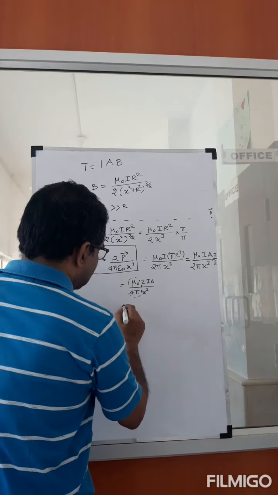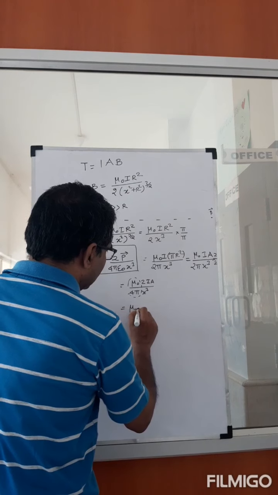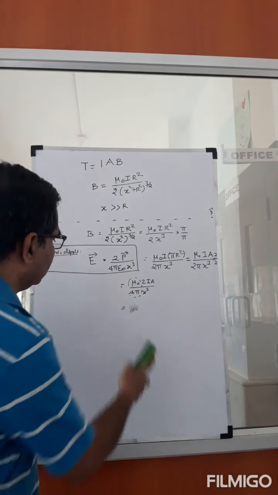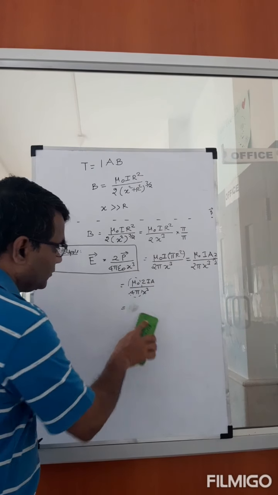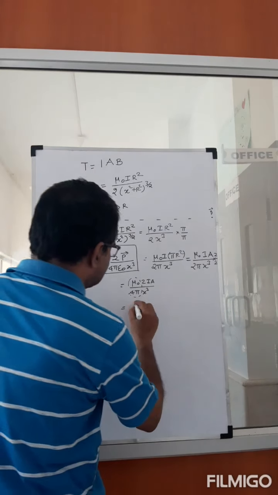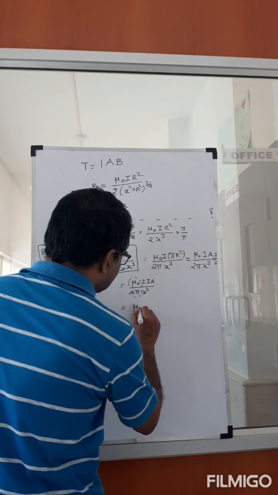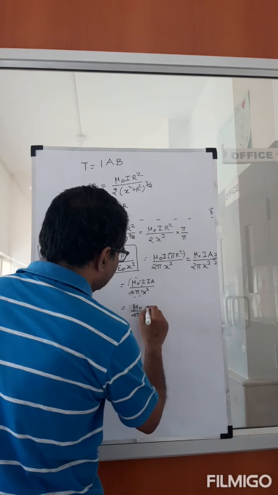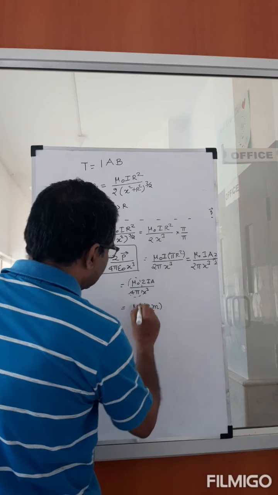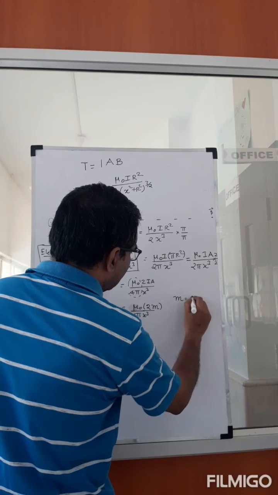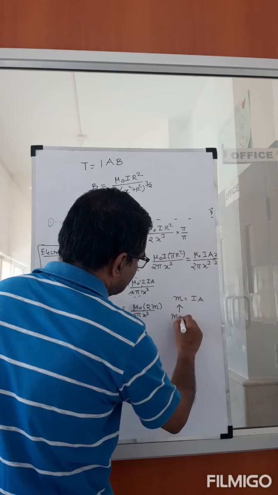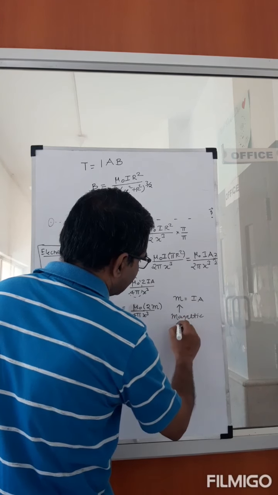So I'll say that it's mu naught by 4 pi x cubed into 2 m, where m is equal to IA. This is what I'm going to call the magnetic dipole moment.